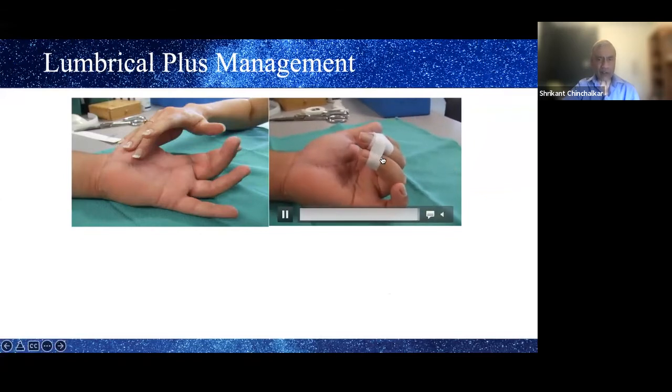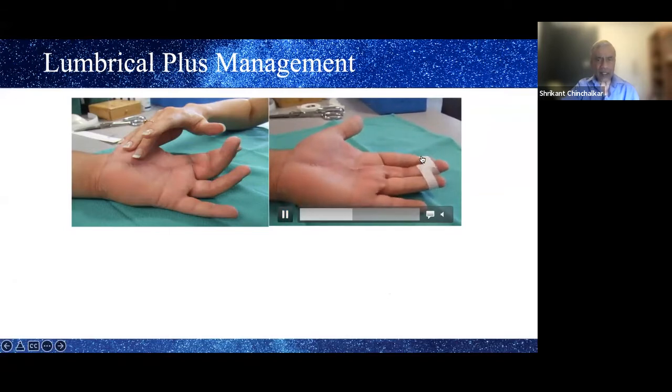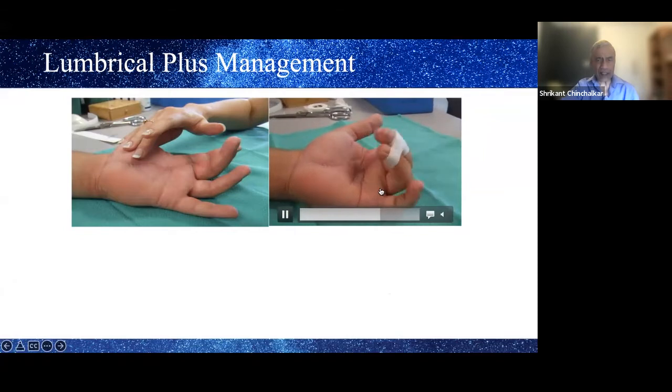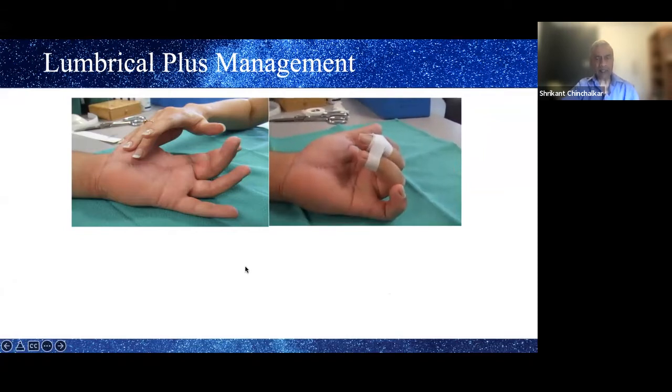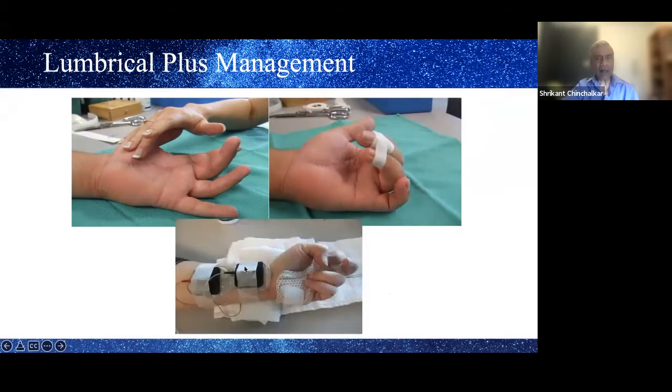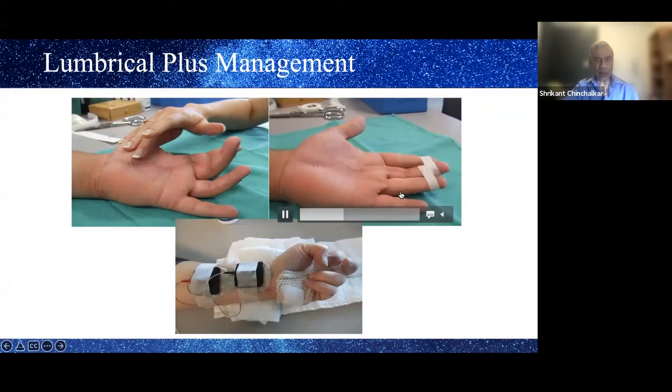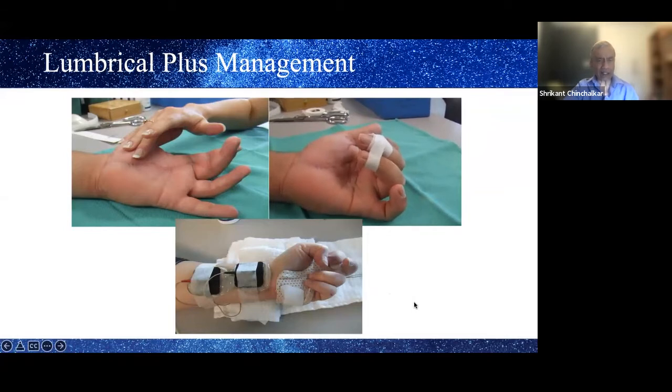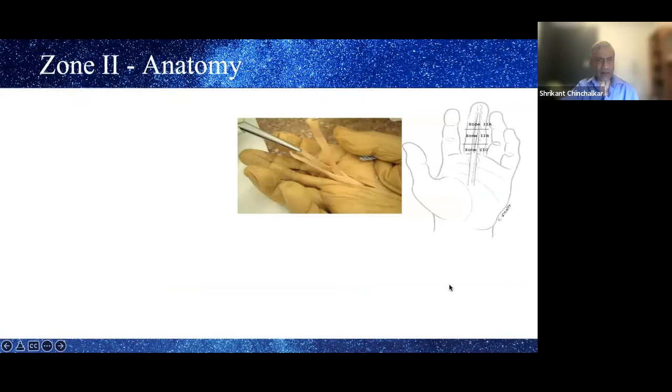My preference is to use triple buddy tapes on the index, long, and ring at the distal phalanx, and then another triple buddy tape at the middle phalanx, and encourage the patient to perform active flexion of the PIP and DIP joint. And of course, these patients also require ultrasound treatment and electrical stimulation to maximize excursion of flexor digitorum profundus and flexor digitorum superficialis.